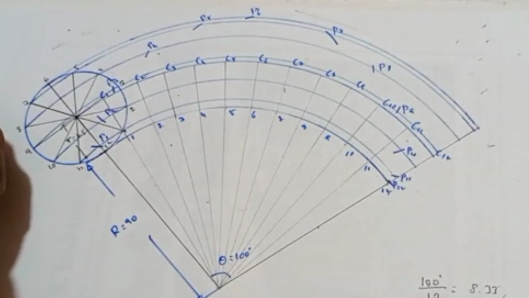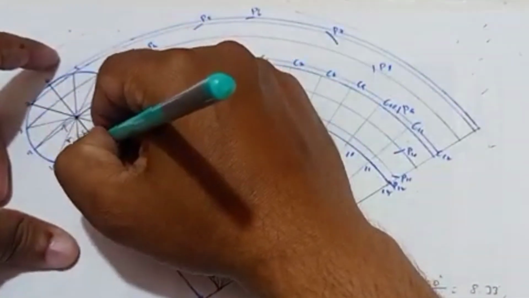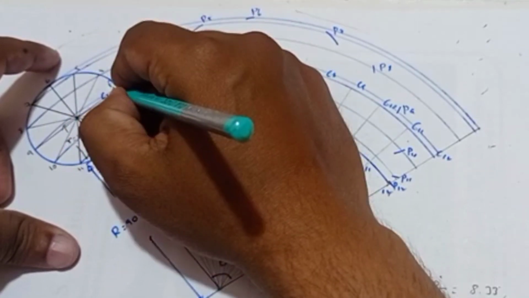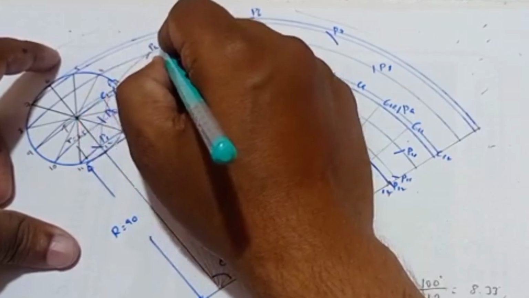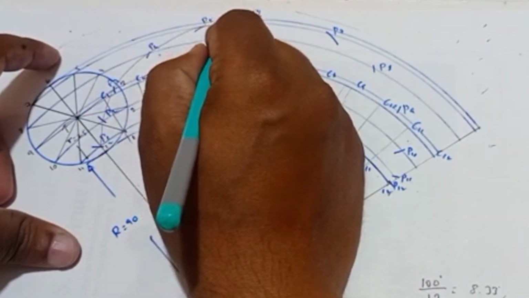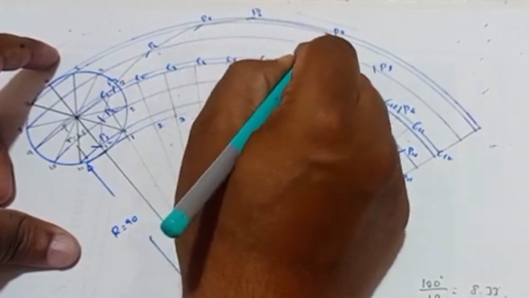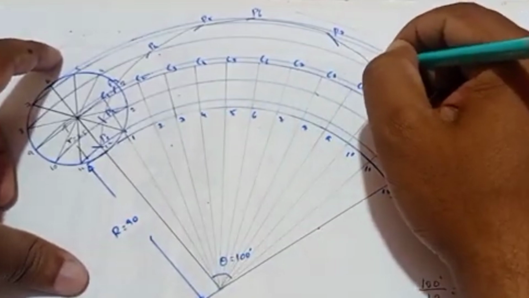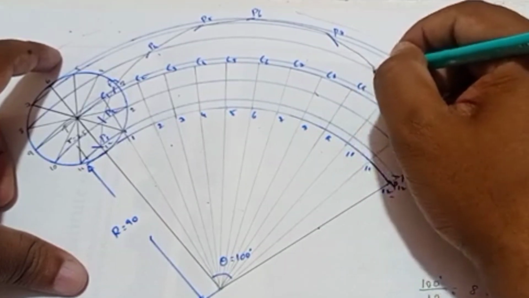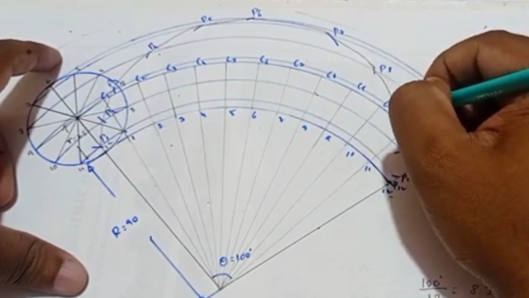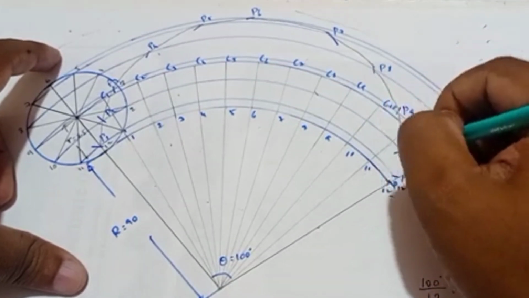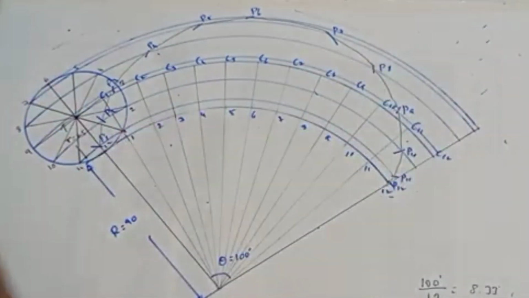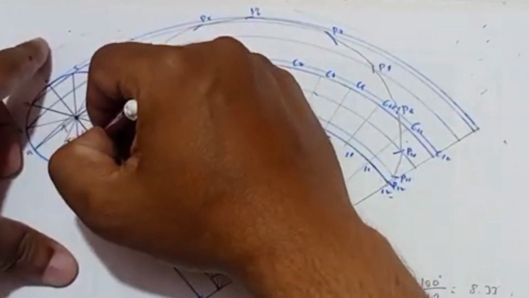First I'll draw with the pencil and then we can make it dark. From P1 to P2, P2 to P3, P3 to P4, P4 to P5, P5 to P6, P6 to P7, P7 to P8, P8 to P9, P9 to P10, P10 to P11, P11 to P12. So now we can make this dark.